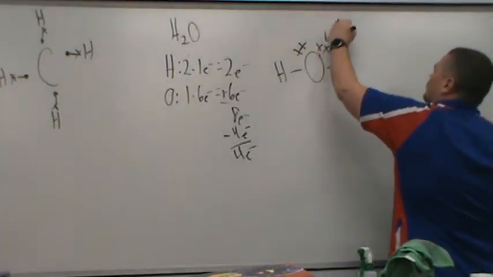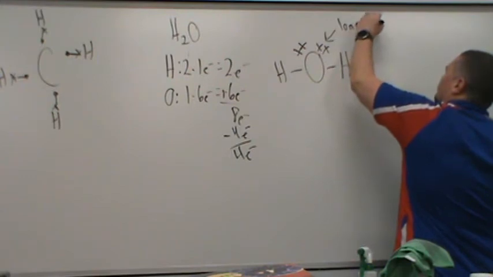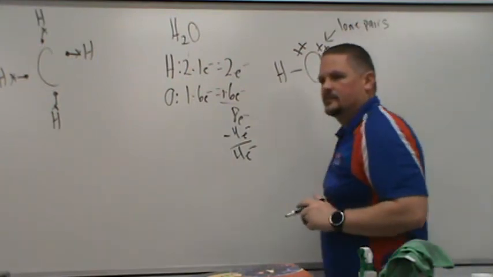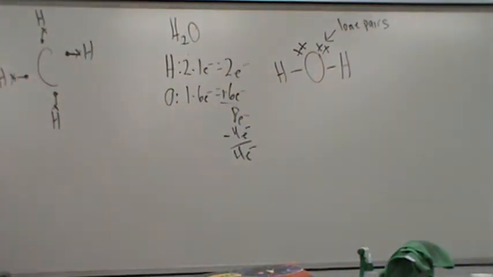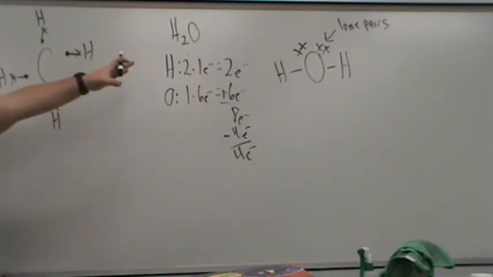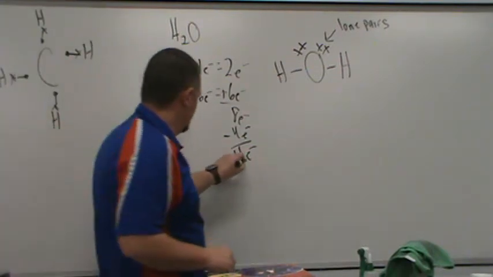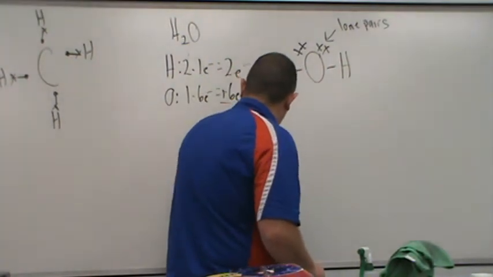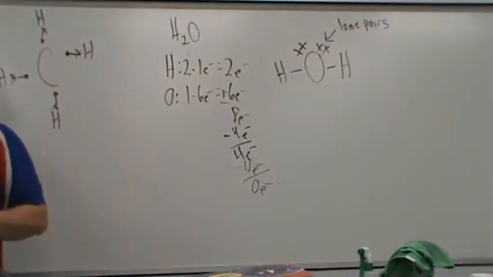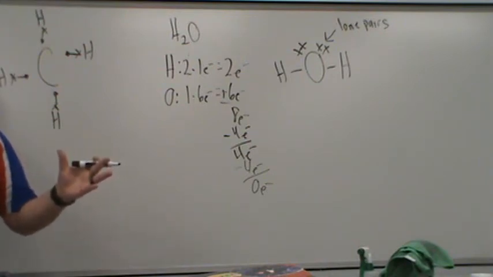They are called lone pairs. Okay, so with those 4 remaining, put 2 lone pairs on oxygen. We're down to 0 electrons remaining. Is everybody happy? Yes.